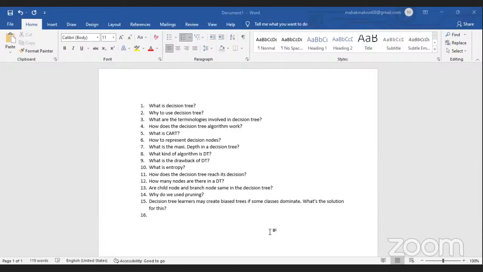Before fitting into the model, always balance the data set to avoid creating the biased tree. Remember this: instead of creating biased trees, solve it by just balancing the data set.